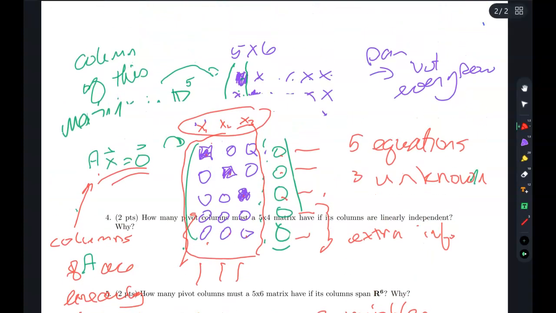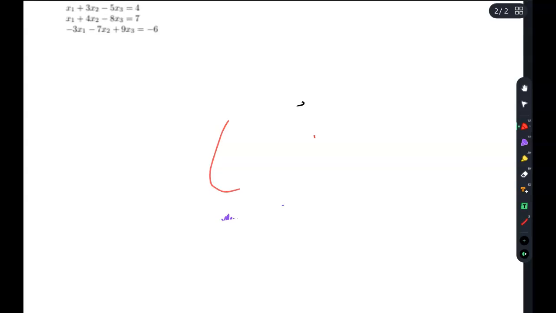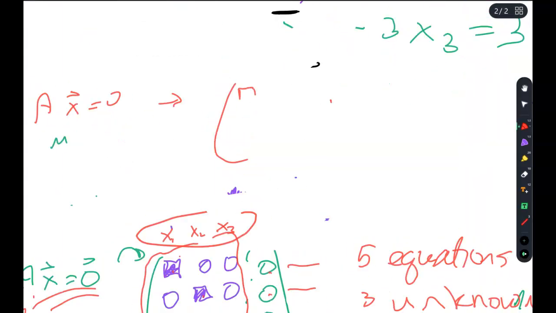Okay, so when I'm looking at a matrix with Ax equals 0, when do I get a conclusion that there is a free variable? So if I have Ax equals 0 and my augmented matrix gives me a pivot, 0, 0, 0, 0, 0, pivot, 0, 0, 0, and then 0, 0, 0, 0, 0.